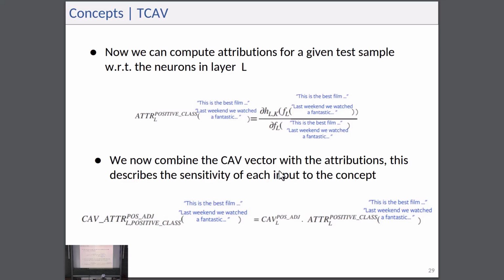Then you say, okay, I have the importance of each of my neurons for a specific input, and I also have the concept activation vector. If I do a dot product between them, I will get their similarity. So very similar to the concept of attention here. I just see how these are related. And by computing that dot product, I see how the sample is connected to the concepts that I have chosen.